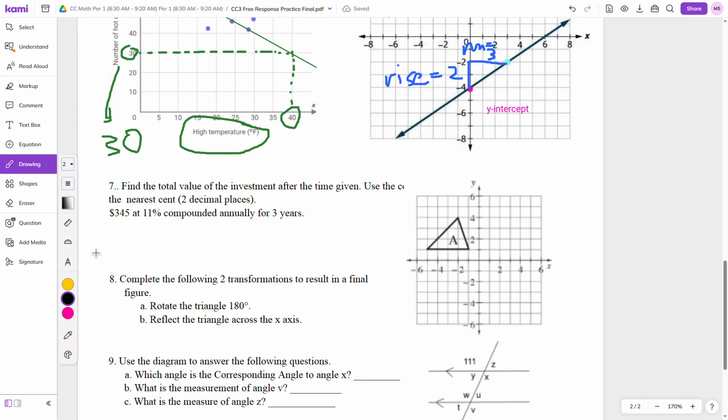So it goes A equals P, which is the principal, times 1 plus r divided by n, all to the power of t times n.